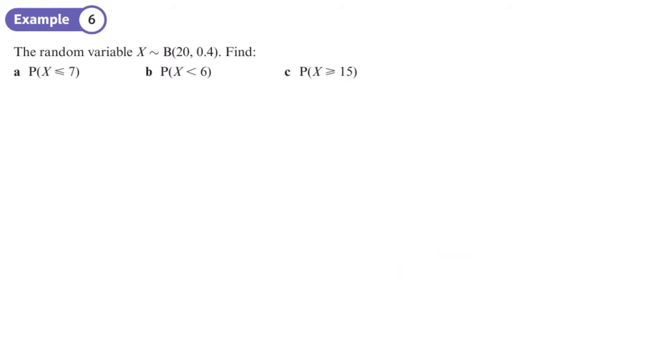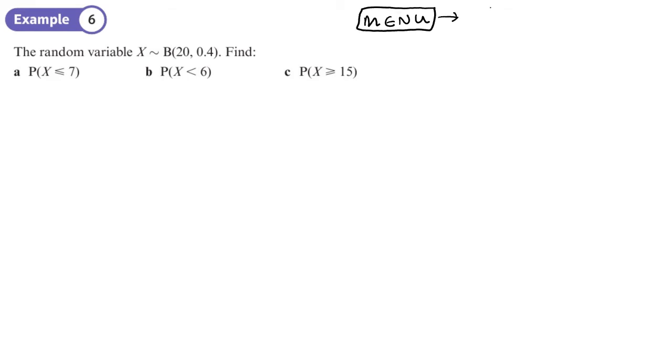Right, so on this question here, we can use either tables or we can use our calculators. I'm going to be using a calculator for this. To use my calculator, I need to go to menu and 7. So you press the menu button, which is next to the on button.